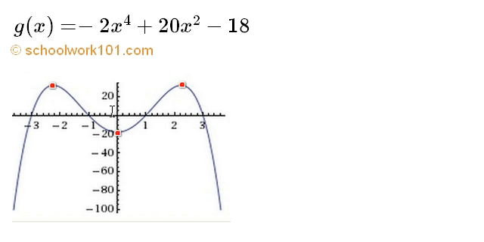But if we were to take some interval containing this point, take for example negative 1 and 1, and we were looking at just some open interval between negative 1 and 1, this point here on the graph would be considered the minimum.